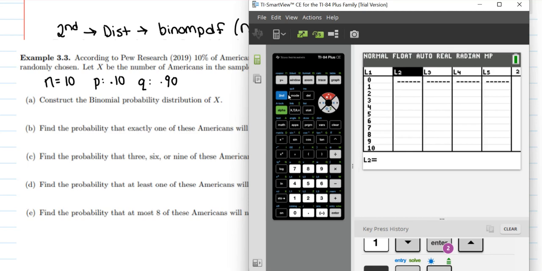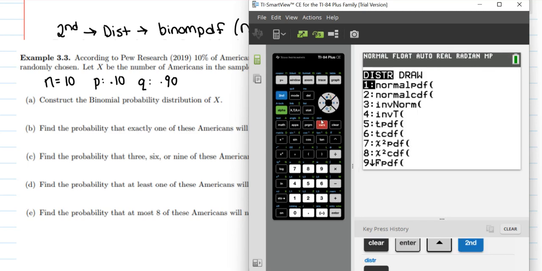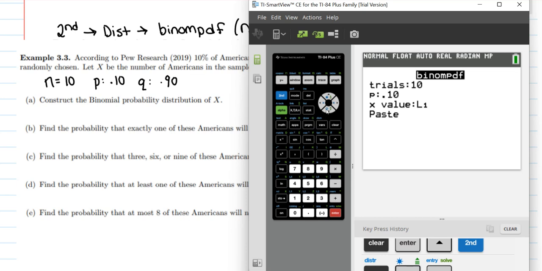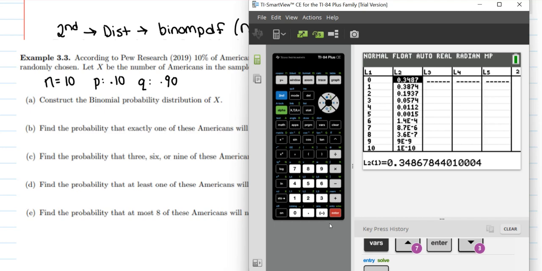Then once it's highlighted, you go second, distribution, go up to Binomial PDF, enter, trials is 10, P is 0.10, X value is L1. So for L1, go to second 1 to get L1. Paste, enter, enter. Okay, so that is going to give you this list filled out.